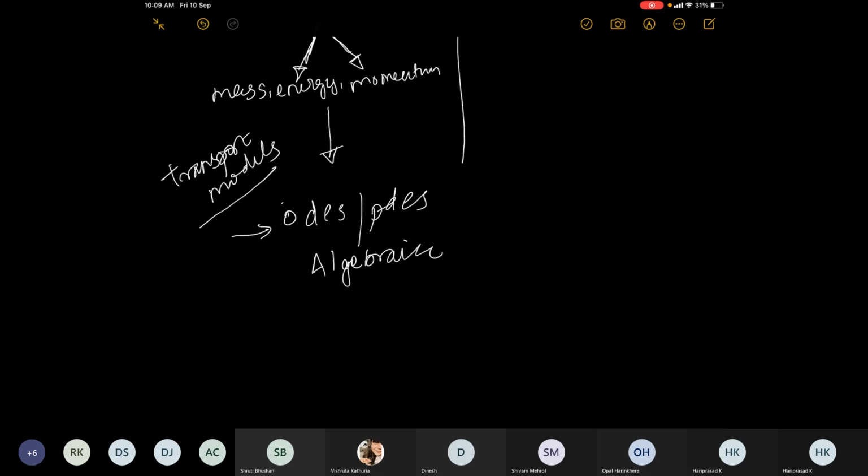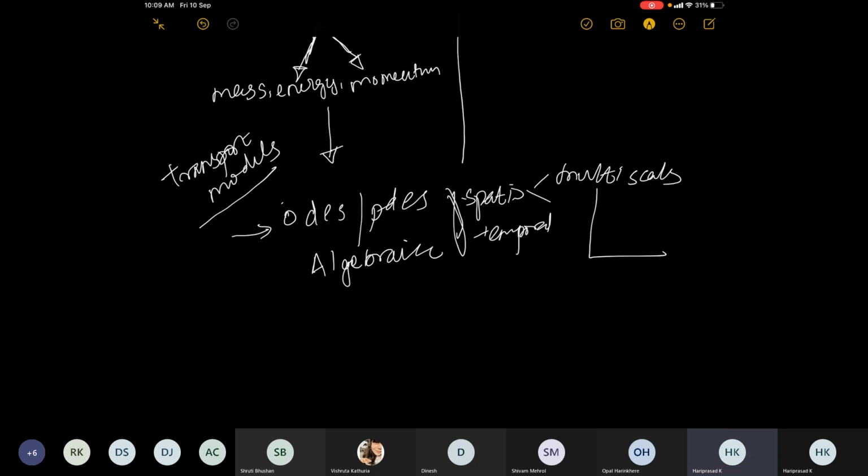If it is spatiotemporal, it becomes partial. If it varies in the x coordinate and y coordinate, then it is spatial and multi-scale. This can lead to partial differential equations or ODEs.